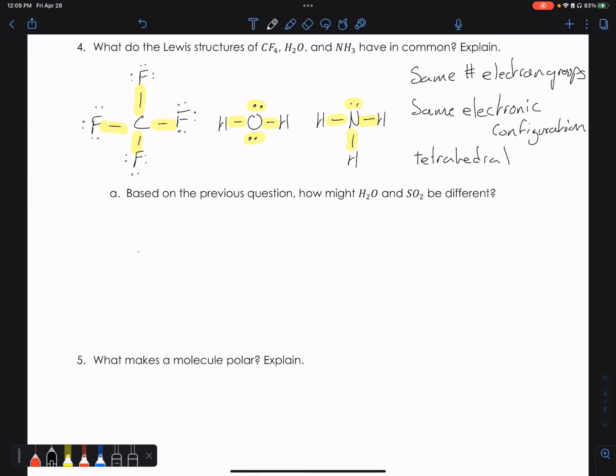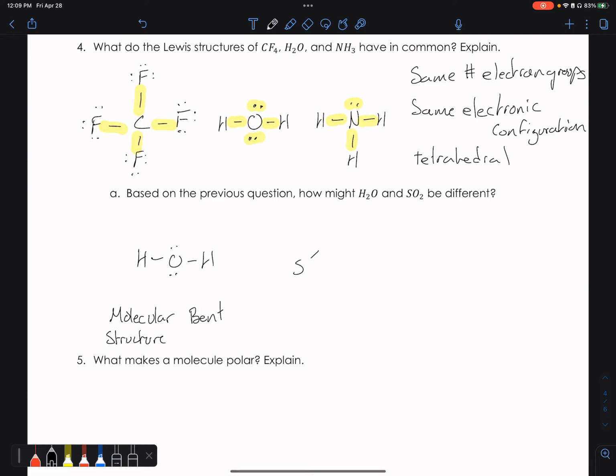So with that in mind, if we then compare the Lewis structure of oxygen, so now the molecular structure, molecular configuration, same thing, is bent for water.